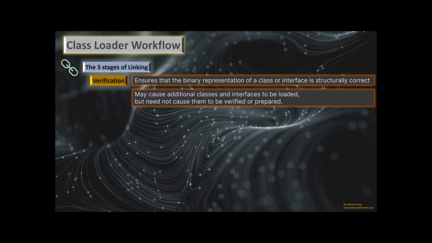It may cause additional classes and interfaces to be loaded but need not cause them to be verified or prepared. The reason for that is sometimes within your class you have a reference to another class, so you need to load this class as well before continuing verifying or loading the same class which you are using.